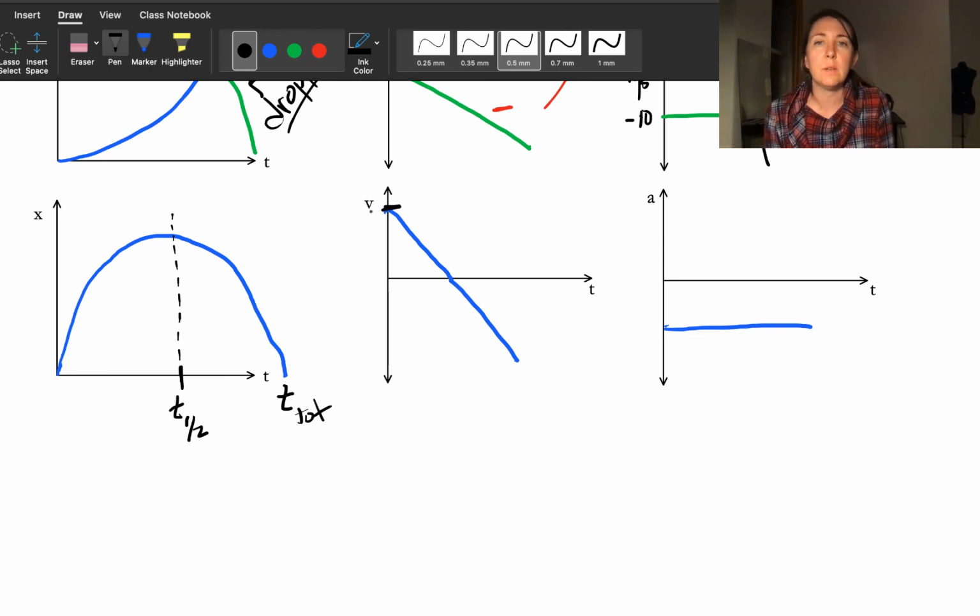So this velocity, if this is v, then down here is going to be v negative, where the area here and the area here are going to be the same because the area is the displacement. So you have a negative displacement while it's traveling downward, and you have a positive displacement while it's traveling upwards.